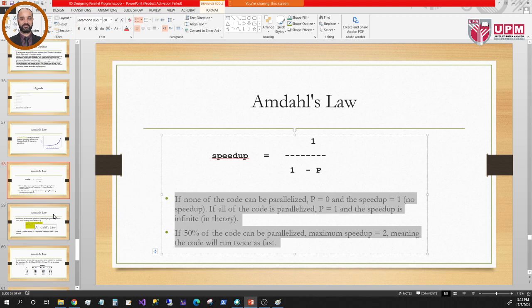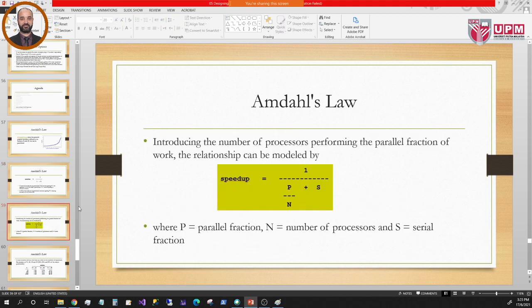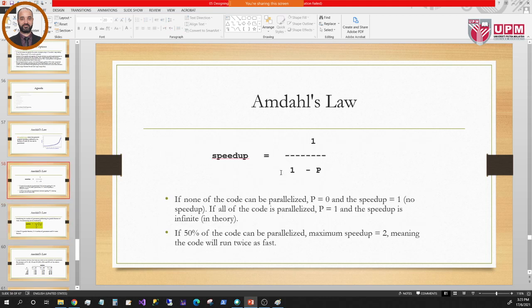So here they use a different law than the law that we have taken last time, because this P here is theoretical. We cannot find it, we can only estimate.